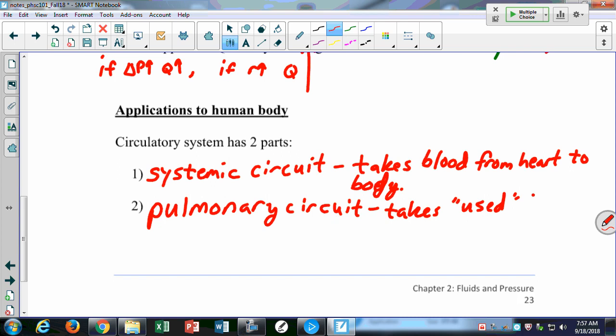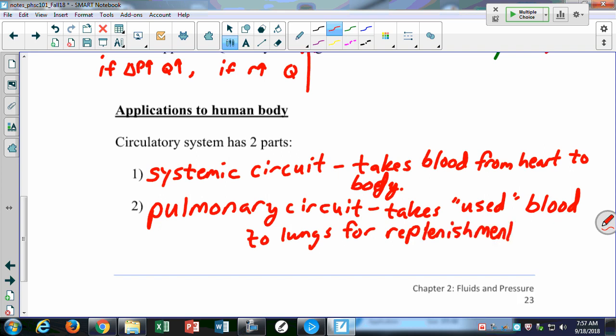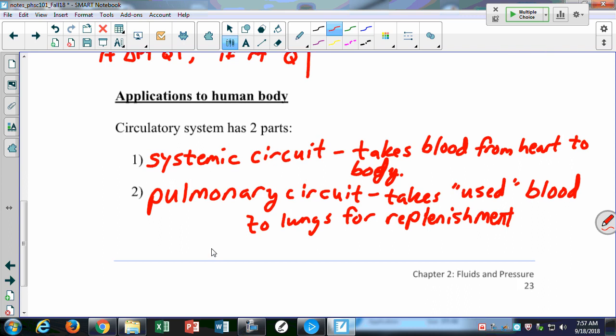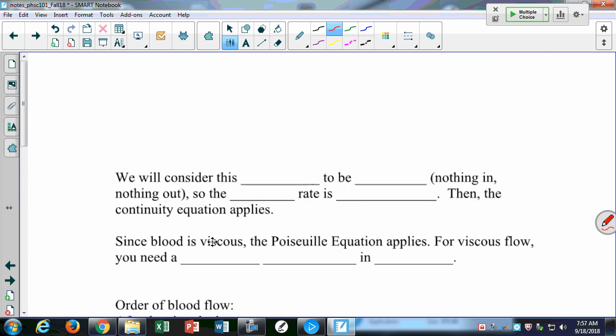It takes used blood to the lungs for replenishment. Right, so those are the 2 basic systems. You should be able to define them, or at least pick out the definition from a selection of choices.